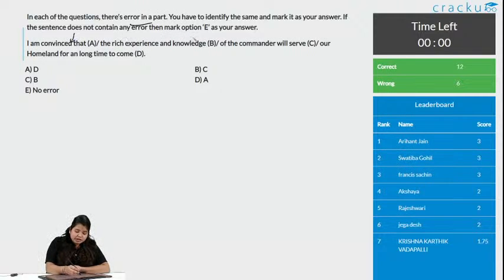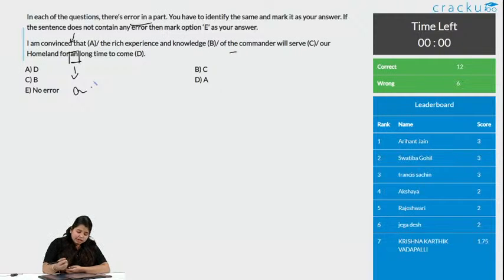The rich experience and knowledge of the commander will serve, exactly, of the commander, as the commander is definite here. So, this is an article error. Here it should be replaced by a.